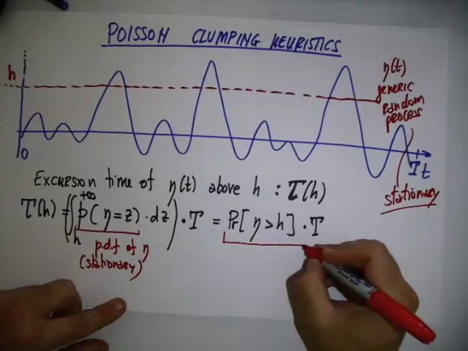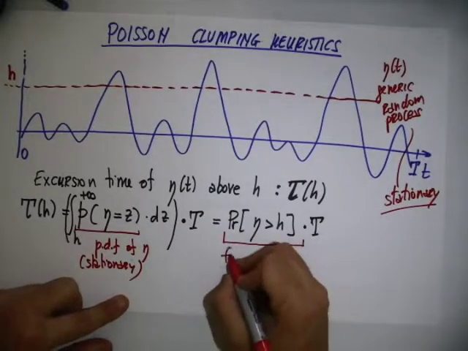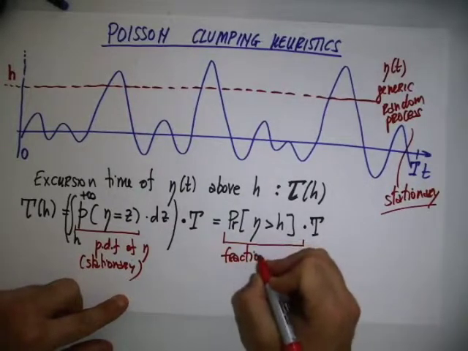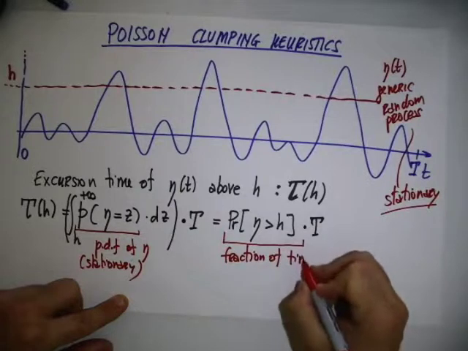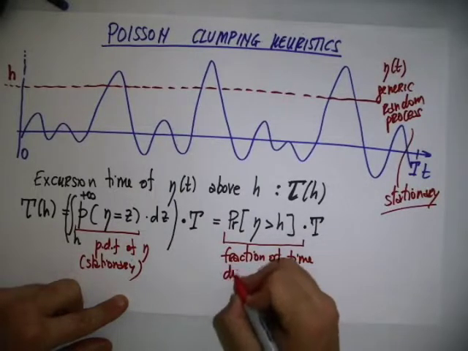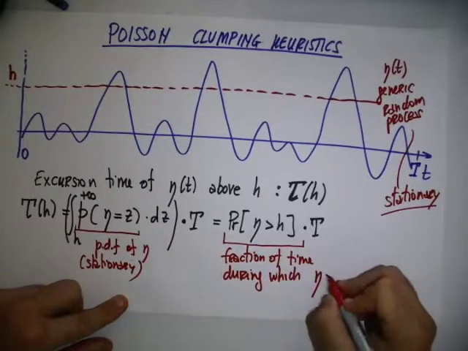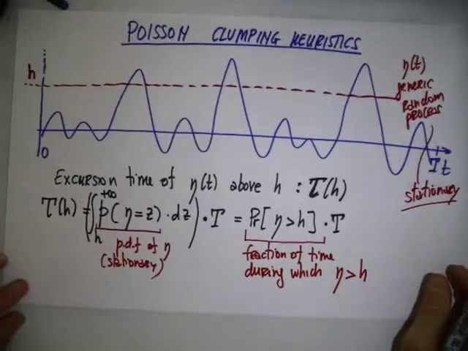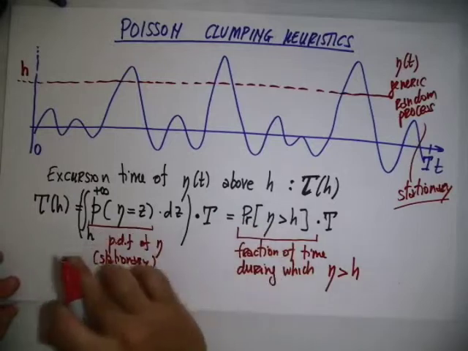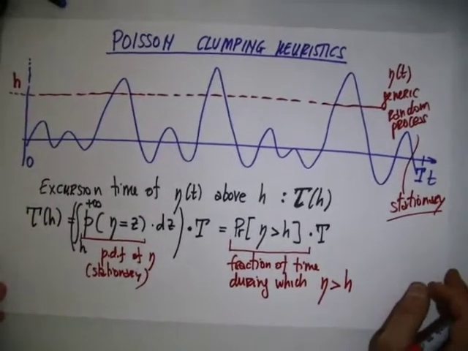And I can interpret this probability as the fraction of time during which eta is greater than h. And this is also equal to this integral.